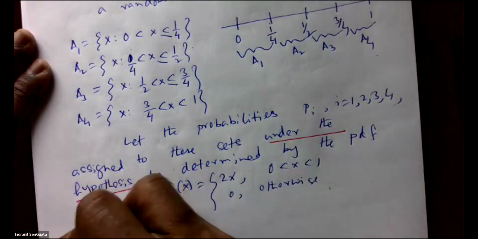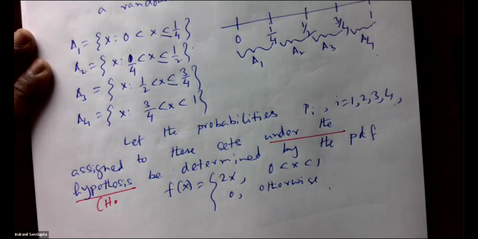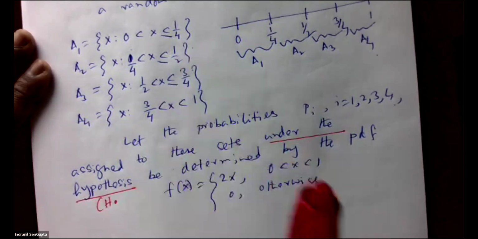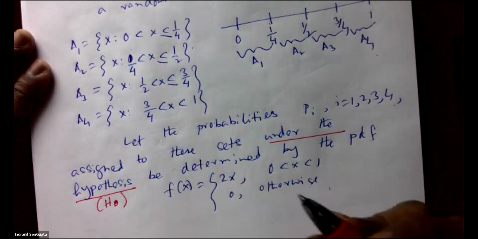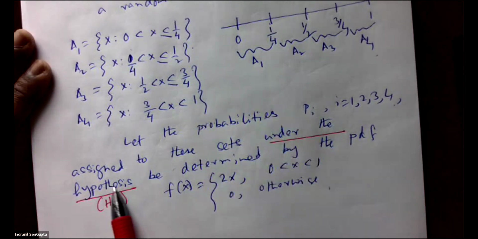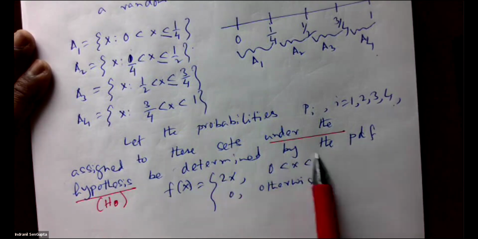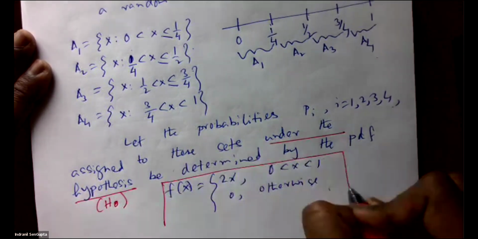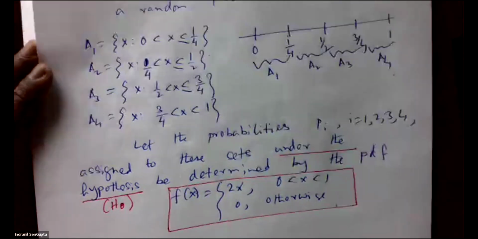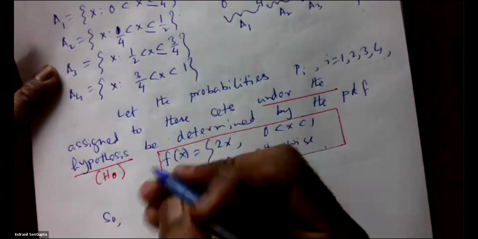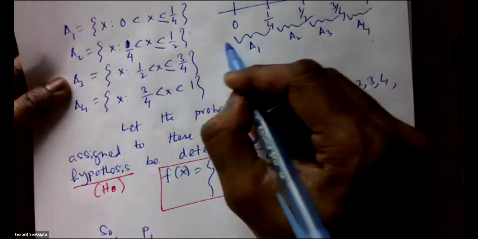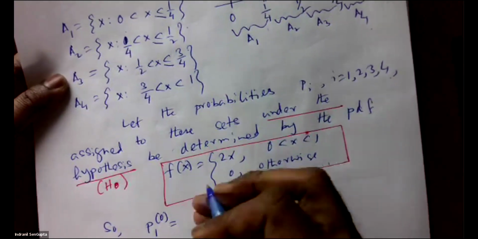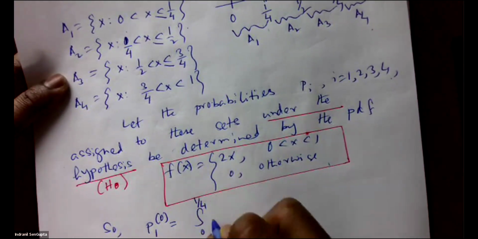So under the hypothesis H0, my hypothesis is that the probability of choosing A1 is given by this 2x. So H0 includes this probability density function. That means my p1, the probability of choosing the first one under the null hypothesis, is given by the integral from 0 to 1/4 of 2x dx.